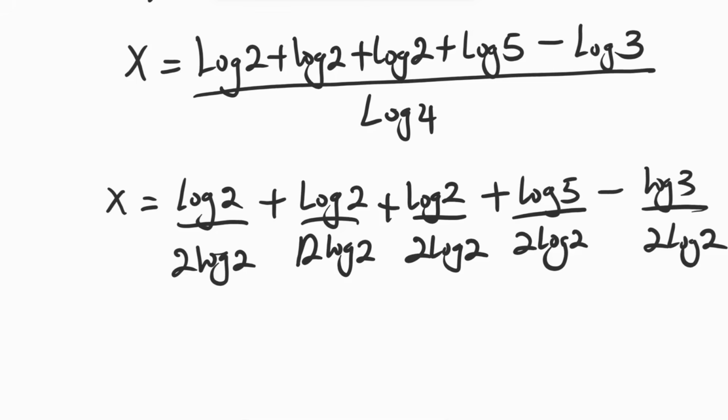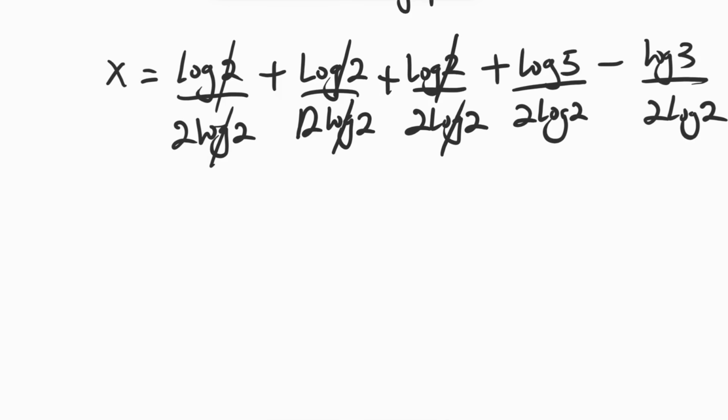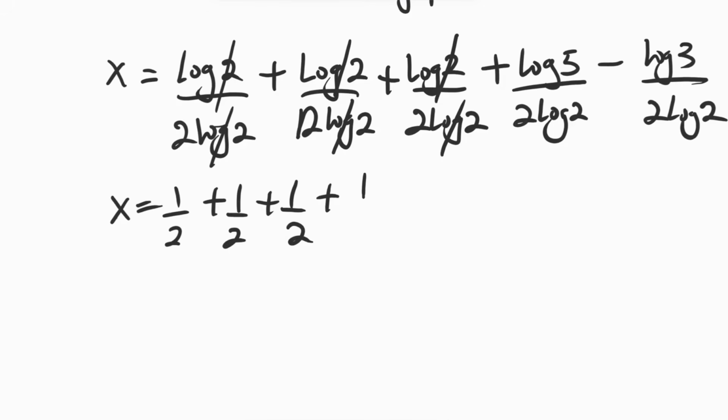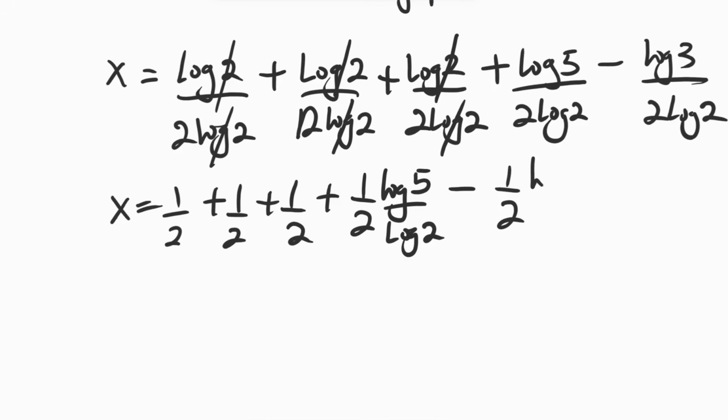Now log 2 can cancel, log 2 can cancel, log 2 can cancel. So we have x equals half plus half plus half plus 1 over 2 times log 5 divided by log 2 minus 1 over 2 times log 3 divided by log 2.